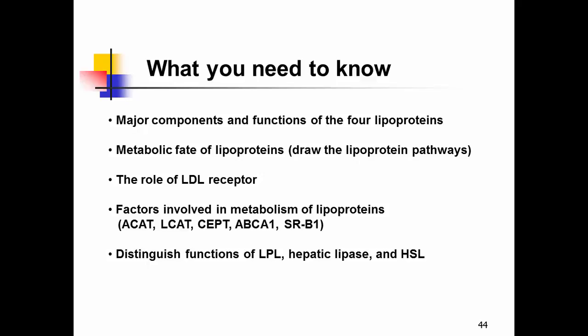In fasting, the liver picks up a lot of fatty acids from circulation, which initially come from the hydrolysis of triglyceride in the adipose tissue. So the VLDL then transports this part of triglyceride to the muscle to be utilized as energy.